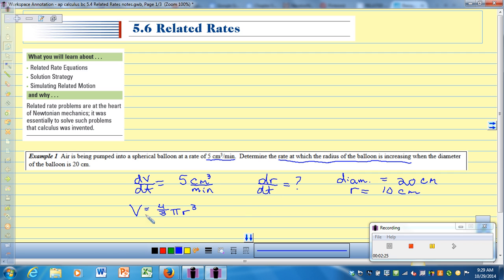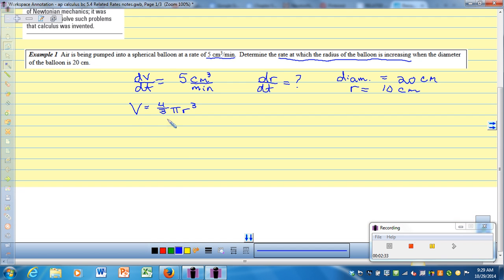All right, so we're going to take the derivative of this volume function. So you can consider this your primary equation for this type of problem. And when we do that, we get dV/dt equals, what can I do with the 4/3 pi? Just leave it out there, 4/3 pi, times the derivative of r cubed with respect to time. 3r squared dr/dt.